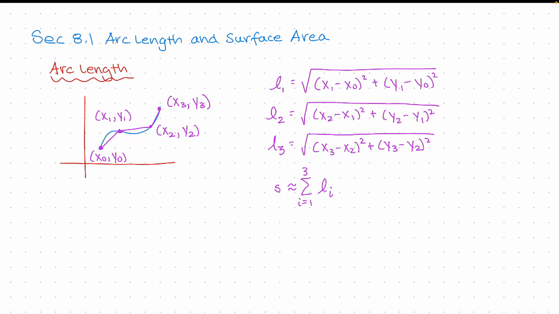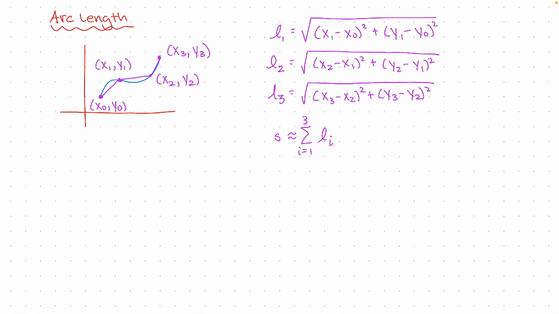But now let's start turning this into our arc length formula. I can see that this would be, as i goes from 1 to 3, if I look at this, I can write this a little differently. Instead of saying the difference of the x's and the difference of the y's, I can just use delta x and delta y.